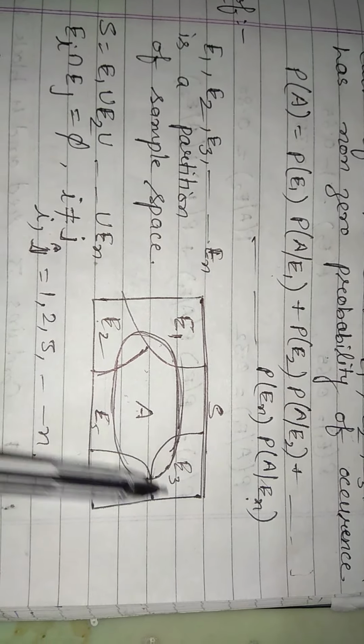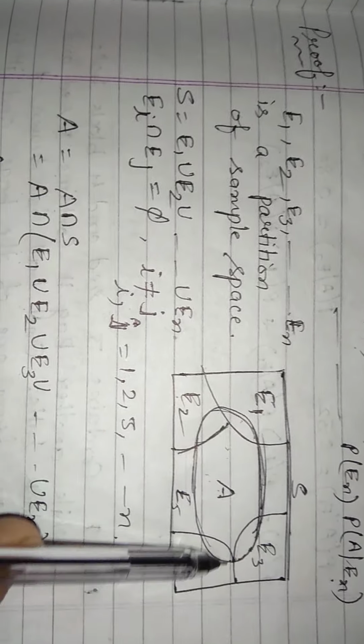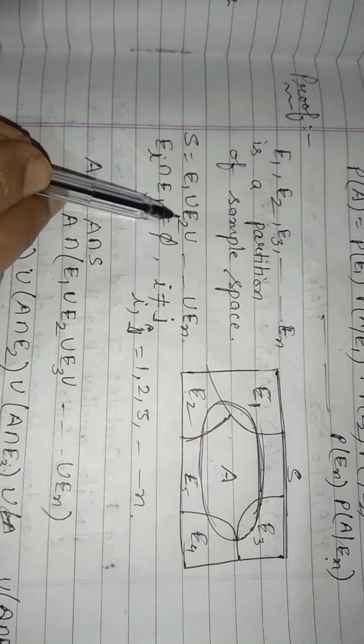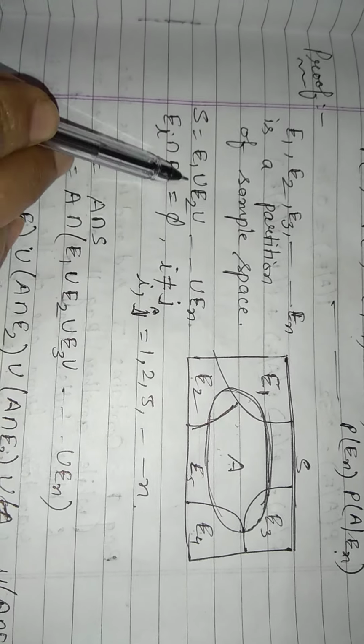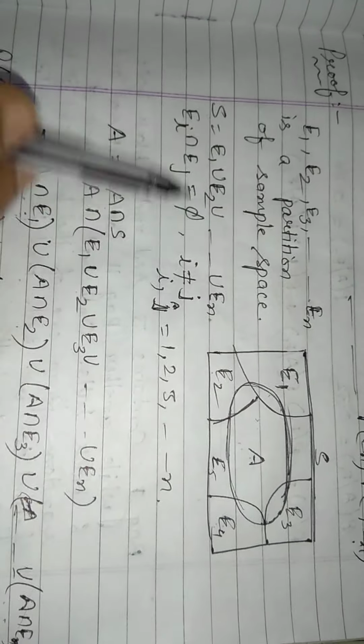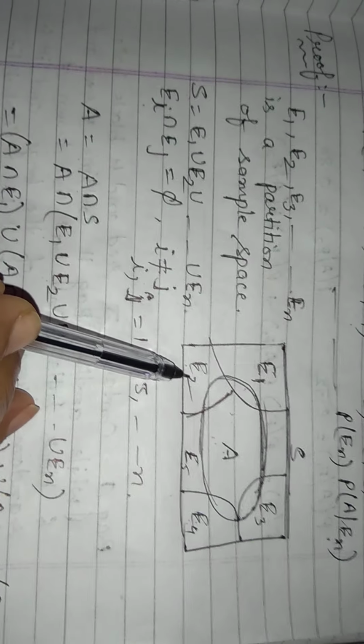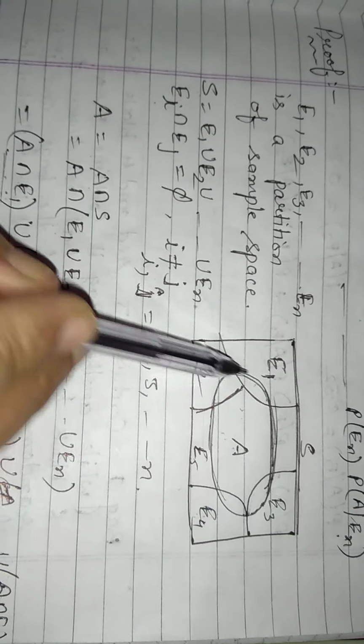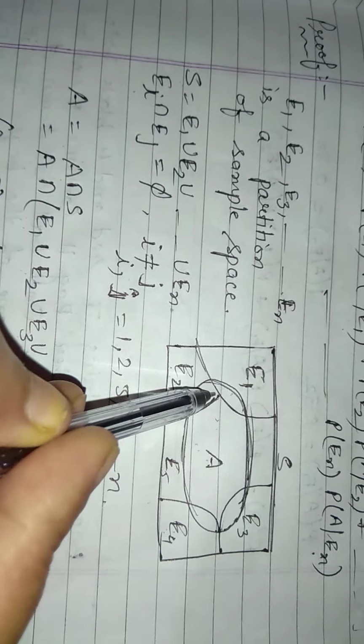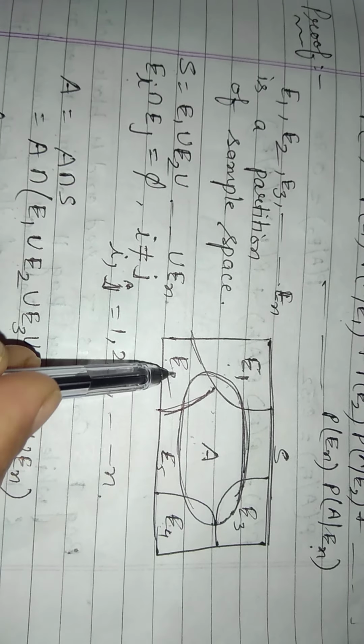These are the events and they are a partition of the sample space. Partition means their union is equal to the sample space, and pairwise, these are disjoint sets. E1 intersection E2, look here. This is E1 and this is E2. What is common in these two? Nothing.